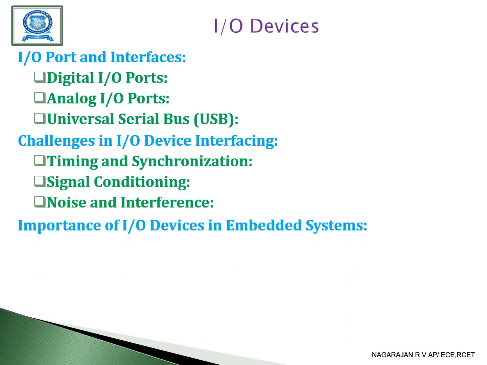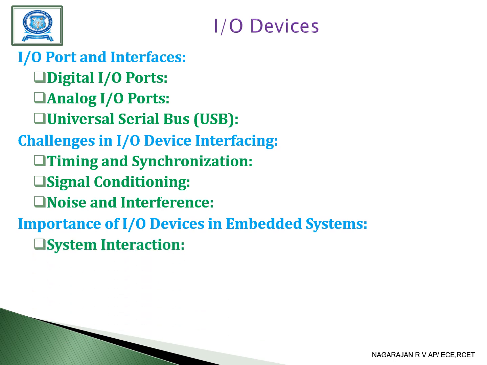Now let us see the importance of input-output devices in embedded systems. First one is system interaction. Input-output devices are the primary means through which embedded systems interact with the external environment, making them critical for system functionality. Next one is user interface.